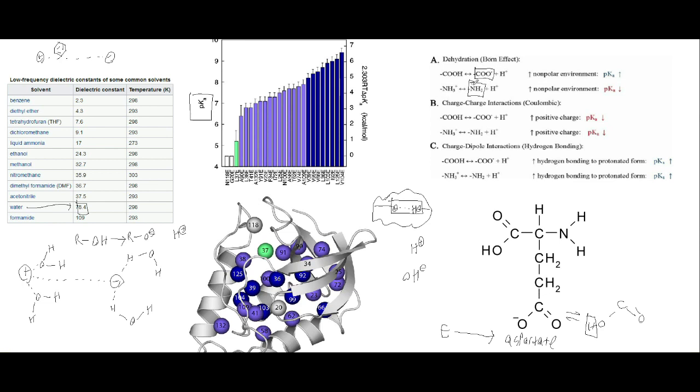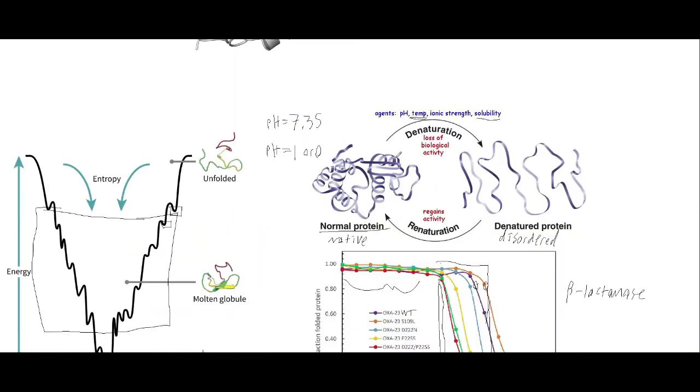If you need a different form of one of these side chains inside your active site, then the protein can regulate the dielectric inside the active site of your enzyme. We'll get into more of that later in a different video.